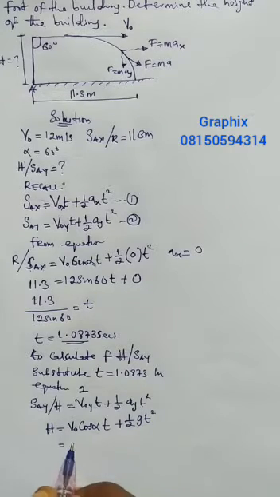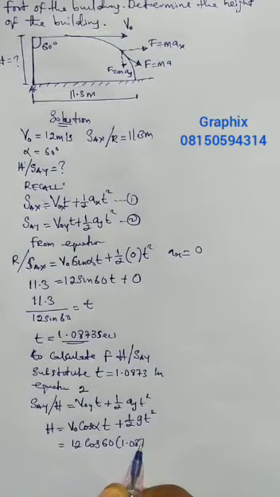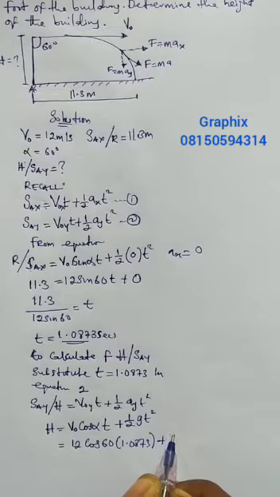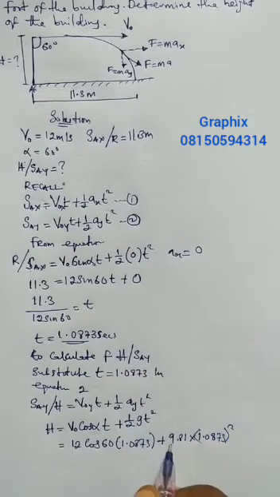So my V0 is 12 cos 60 times 1.0873, plus 9.81 times 1.0873 all squared, because my T here is squared, everything over 2.